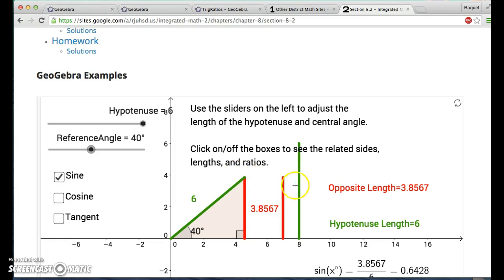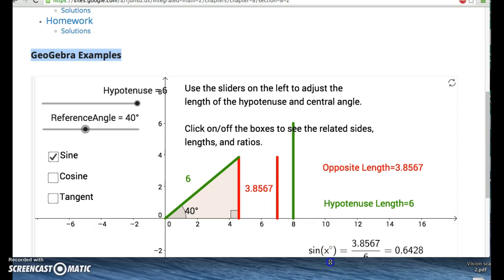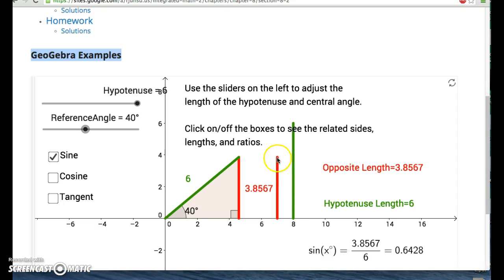And also what we drew here was a comparison of the hypotenuse, 6, and the opposite leg. So you can see what percentage it is. So these numbers over here are showing you, drag it a little further up. Okay, so it looks like this is definitely more than half. So the sine of 40 degrees, we should have a 40 right here, is equal to the opposite length, which is this, 3.85, divided by 6.